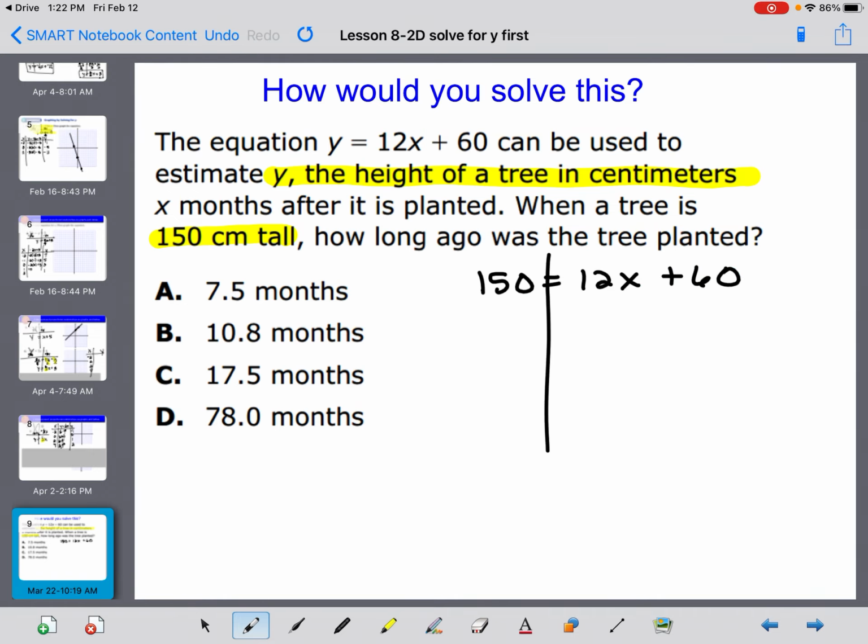I'm looking for the solution. When y is 150, what is x? So then you plug it in and you solve the equation.